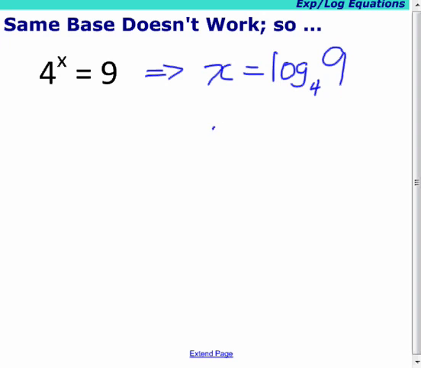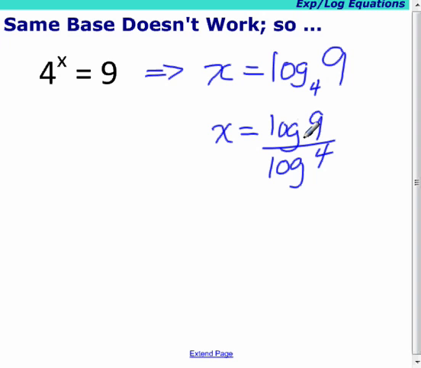Hey, that's not too bad. So my answer, x, the exponent, is equal to log base 4 of 9. But now I've got a problem that on my calculator I don't have log base 4. But I do recall the change of base formula. Change of base formula simply said log the value and divide it by the log of the base that you were using.